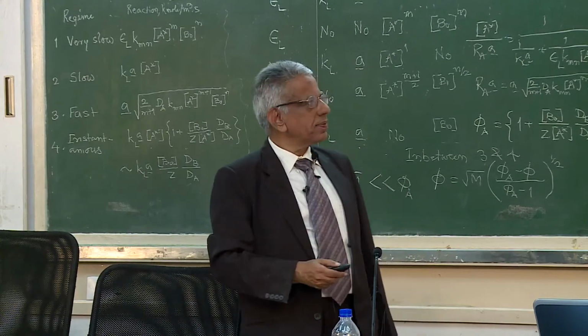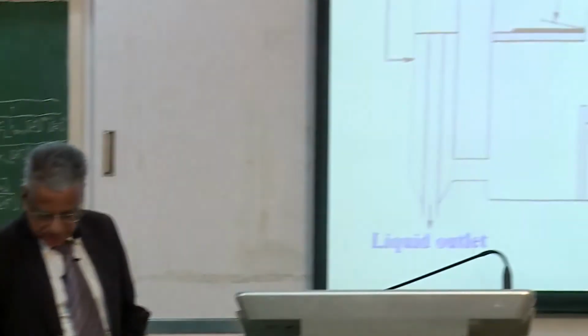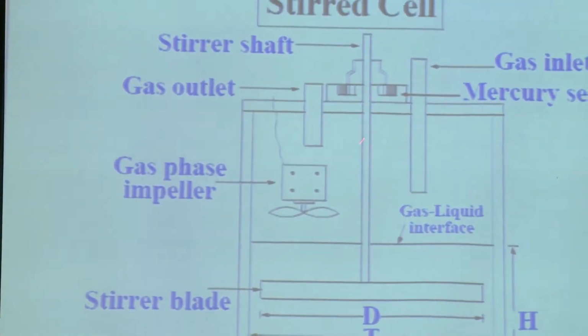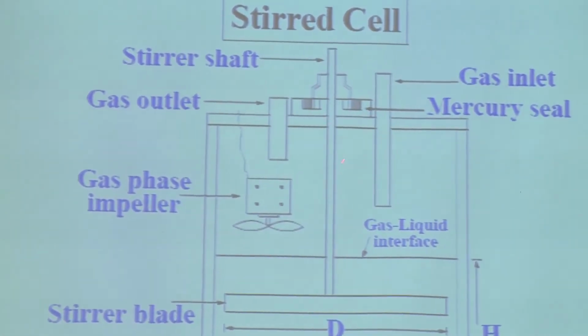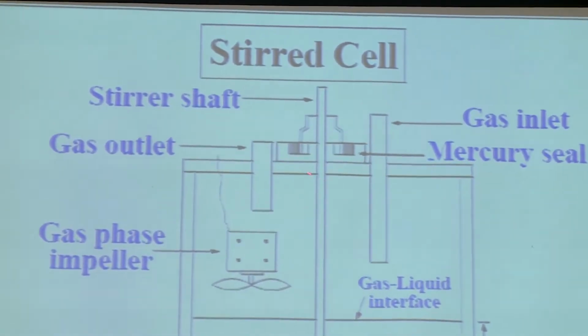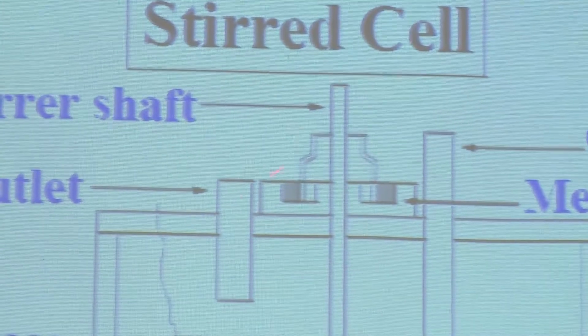Which one? Mercury seal. Yeah. So, this is the seal. There is an opening through which the shaft enters, correct? And the gas is coming in and gas is going out, and we do not want any leakage.